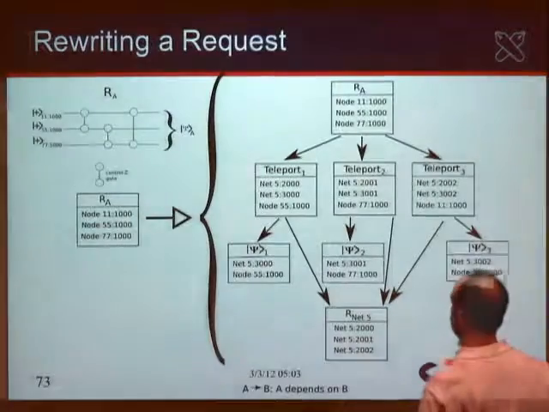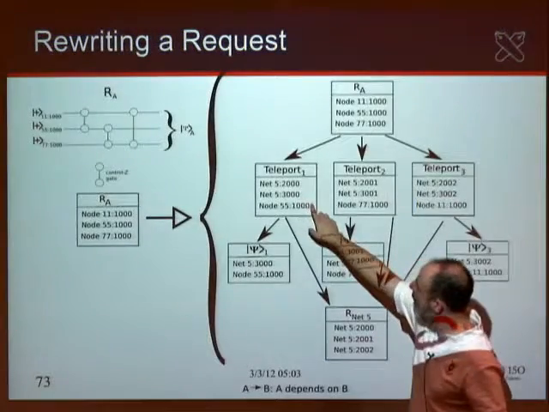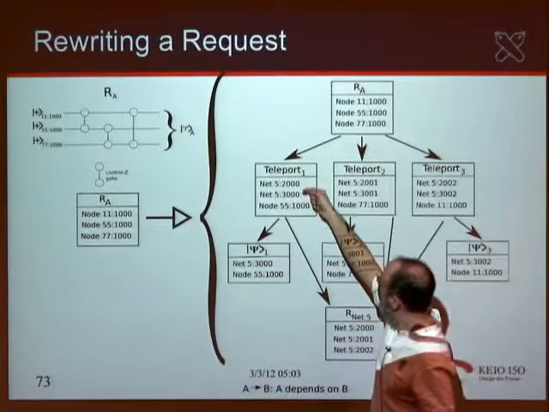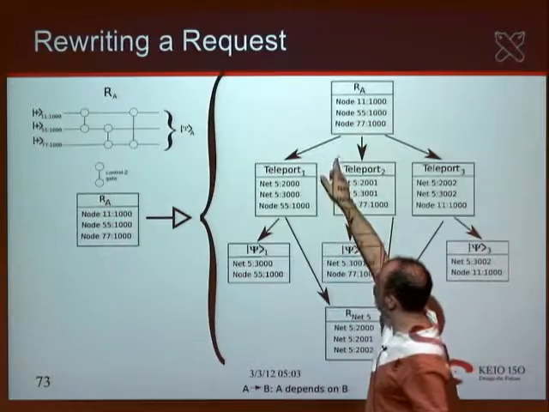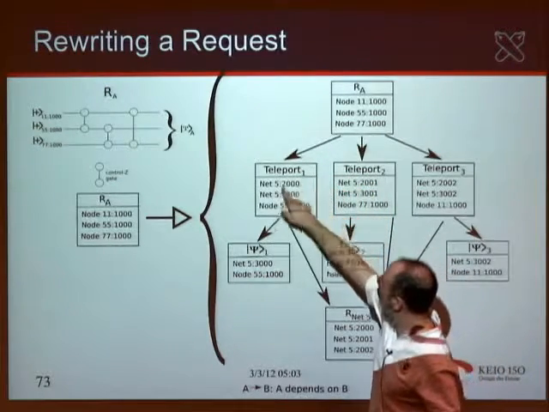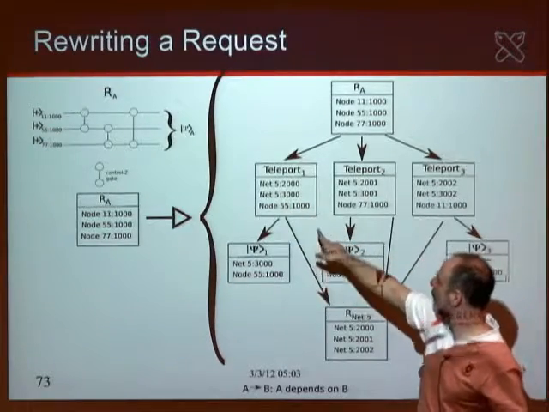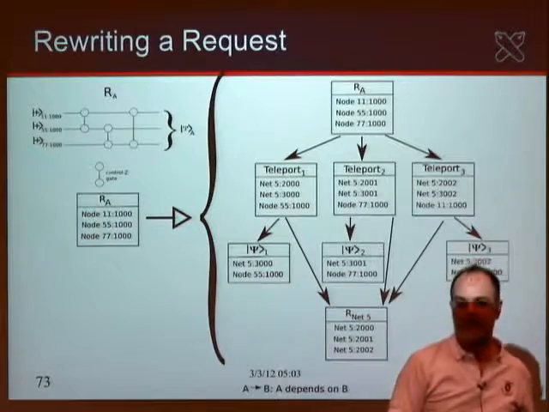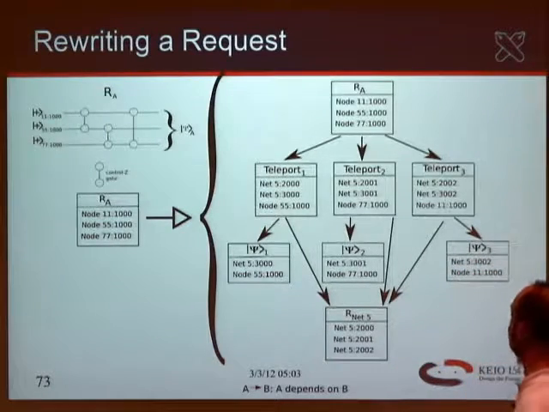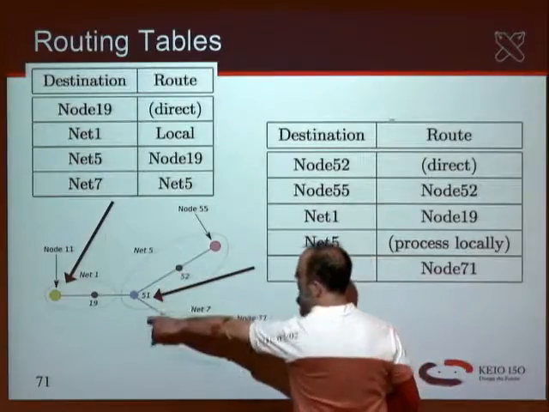So in this case, the request that you've got, this guy here in the middle, when he's doing this, I want to teleport from 1 qubit, network 5, address 2000, network 5, 3000. We want to get that to node 55, 1000, as it's drawn here in the original network diagram.